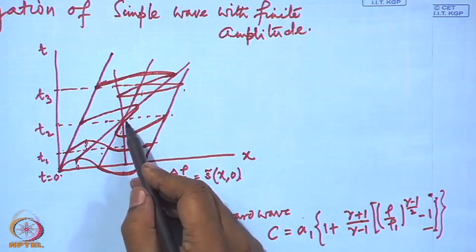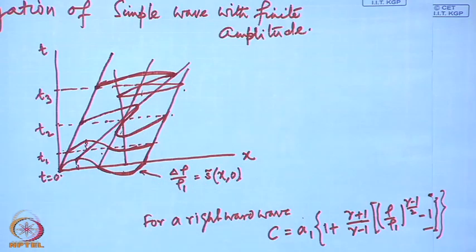So, before this situation is reached, the diffusive actions become considerable, and they will counteract this steepening tendency that comes because of the nonlinearity in the equations, and these two opposing effects will reach a balance, and the compression part of the wave will become stationary, in the sense that it will not change any further.